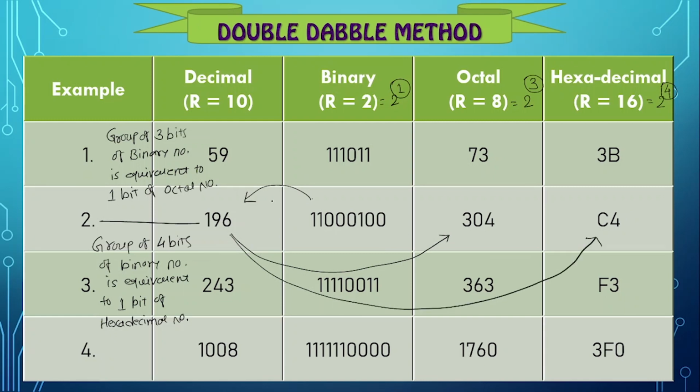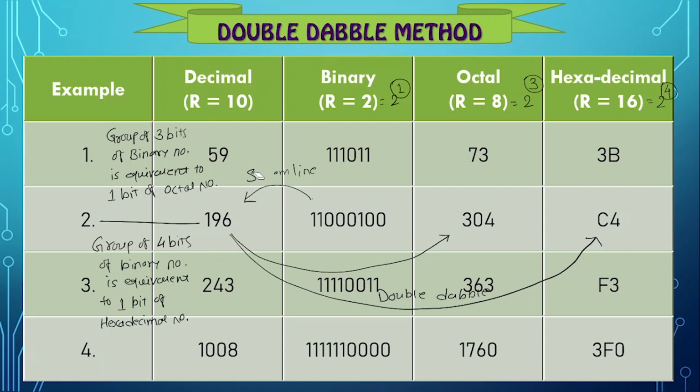So these two steps are involved in your calculation. The first step is the streamline method, which converts the given binary into decimal, and then you use the double method to convert that decimal into the required octal or hexadecimal.